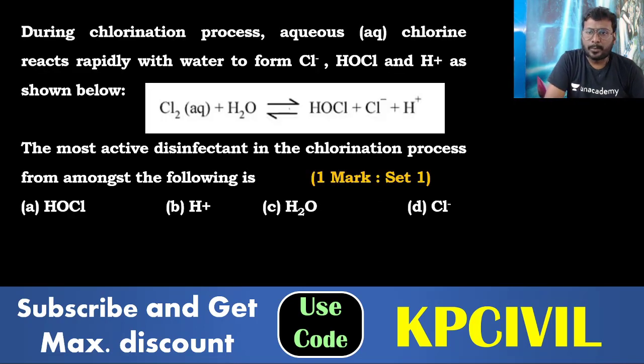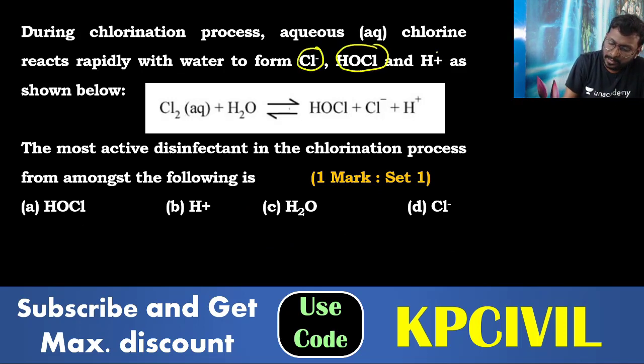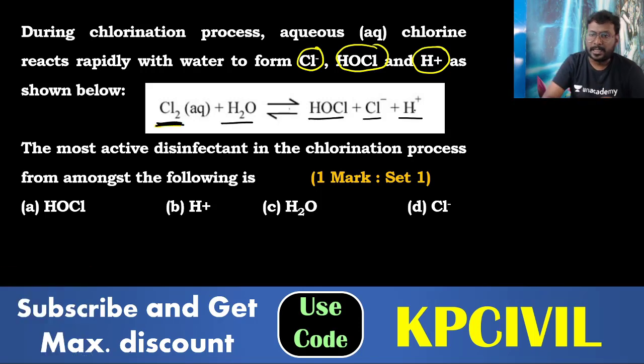During chlorination process, aqueous chlorine reacts rapidly with water to form Cl minus, HOCl and H plus. So given the equation, chlorine reacted with water, resulting HOCl, Cl minus and H plus. The most active disinfectant in the chlorination process. So no need of that information also. The question directly given also. What is the most active out of all?